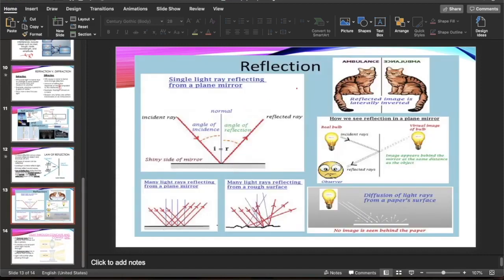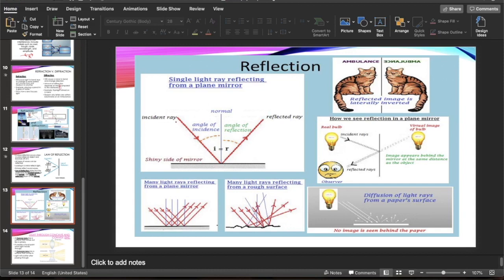Right. So looking at a couple of examples too. So reflection: we have a single ray reflecting from a plane mirror. You're going to have your incident ray, the ray that you are shining onto the mirror, and then it's going to reflect back.